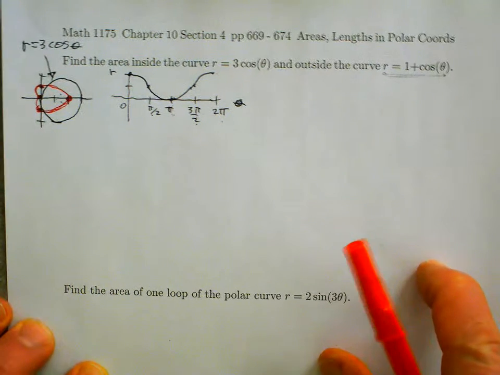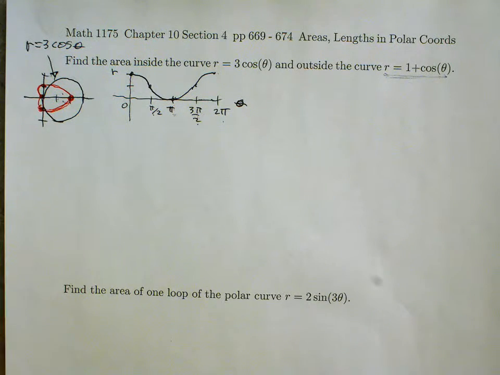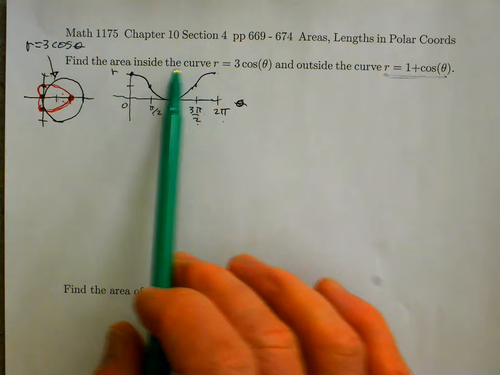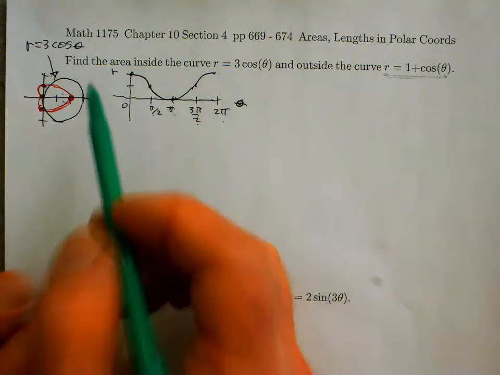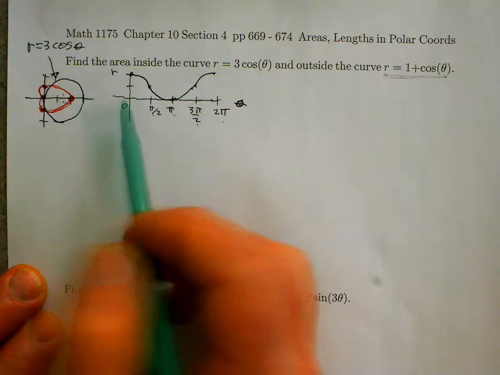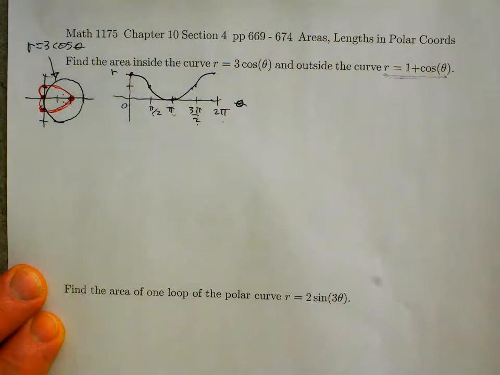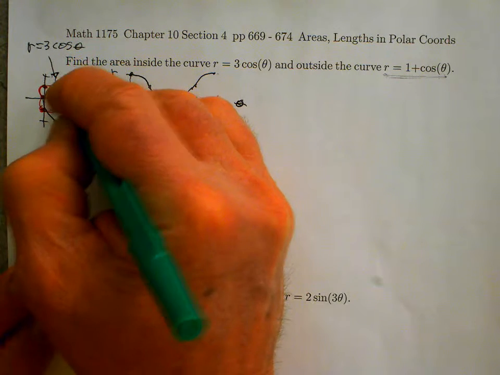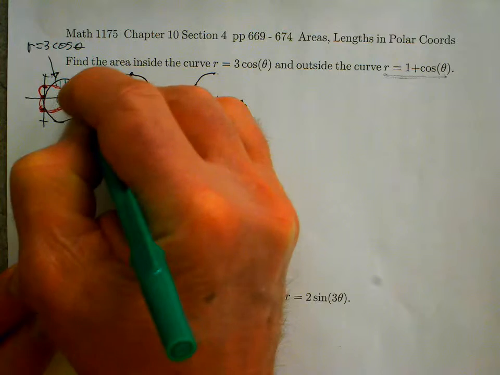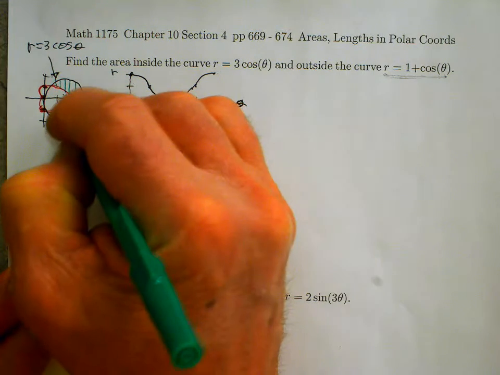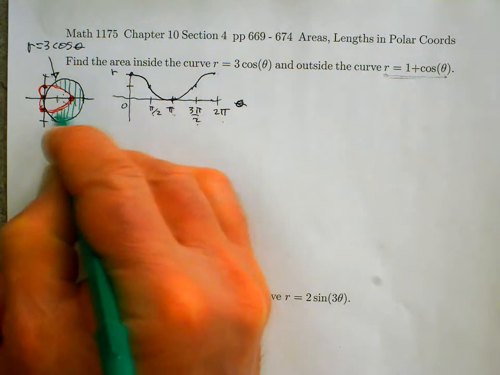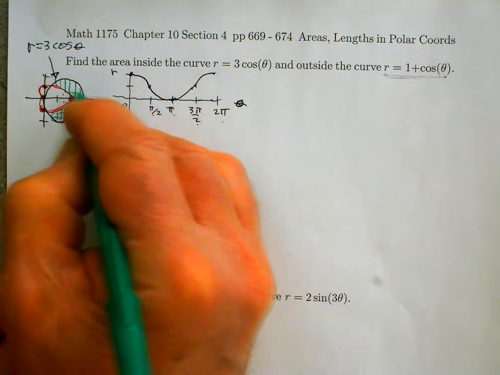Okay, so that's not the greatest graph, but it might help us. We want to find the area inside the circle, but outside the cardioid. So I'll color that using this green pen. We want to find that area.